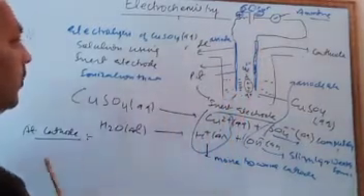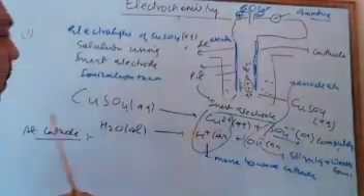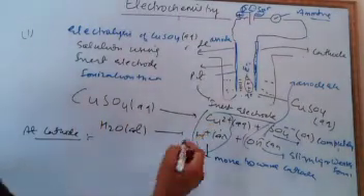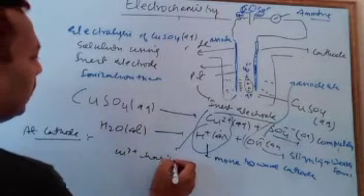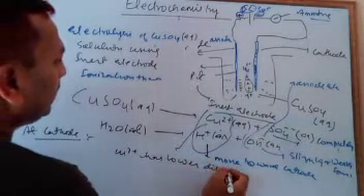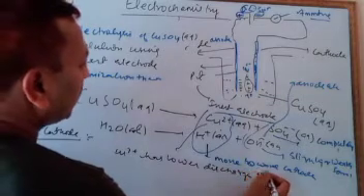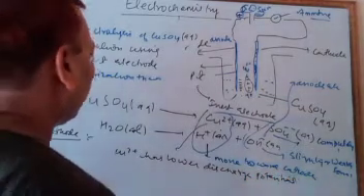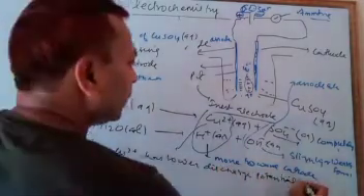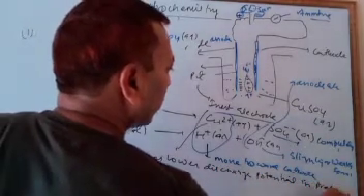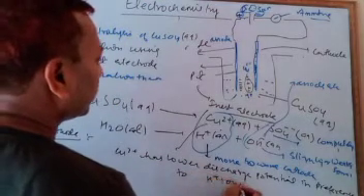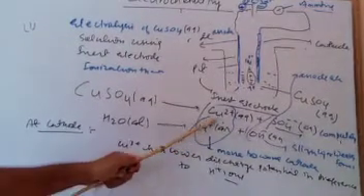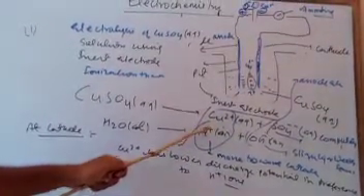Now here copper ion has lower discharge potential in preference to hydrogen ion, meaning hydrogen has high discharge potential and copper ion has lower discharge potential, right?